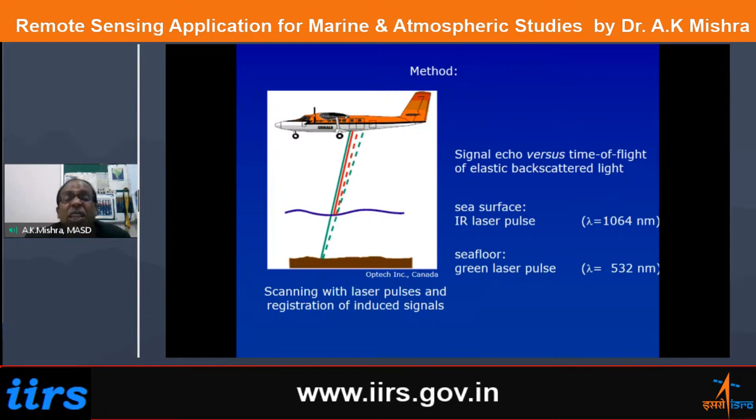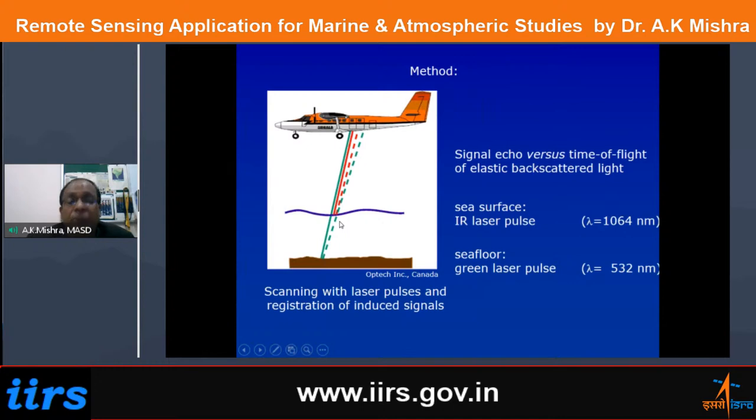There are basically two wavelengths functioning in this. One is the infrared laser pulse around 1064 nanometer, and the other is the green laser pulse, which is 532 nanometer. As you know, infrared will be absorbed by water, so you will get only surface reflectance from the infrared, and the green wavelength will penetrate deep, and you will get the information.